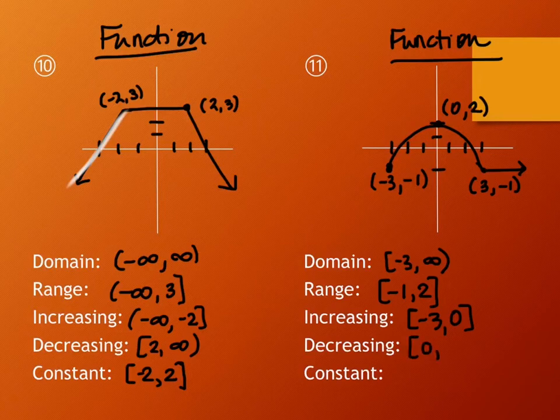From 0 to where? X values, remember. 0 to 3. The x value of 3. Right? So I'm sort of drawing these pieces. This piece is the increasing piece. This piece is the decreasing piece. And then what happens after the x value of 3? It's constant from 3 to infinity on this one.